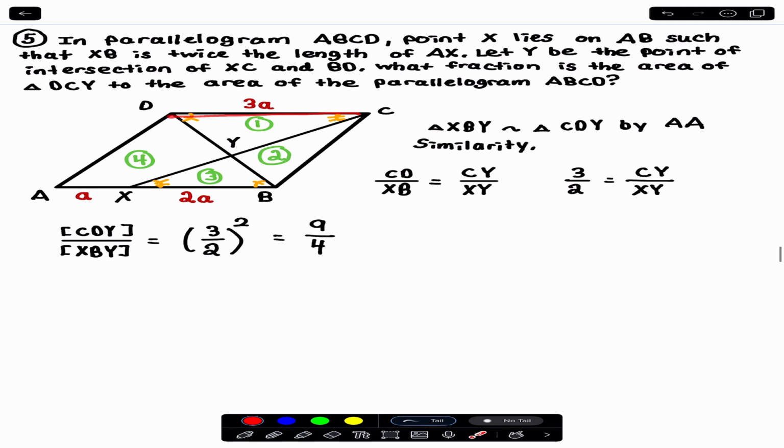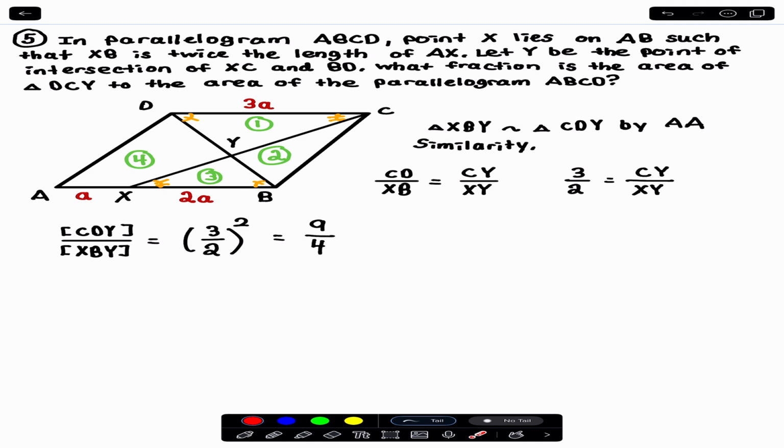And it's because if we have two similar triangles, so that one side is bigger than the other side by a certain factor. In this case, it would be 3a/2a, which is 3/2. So that's where the 3/2 comes from.